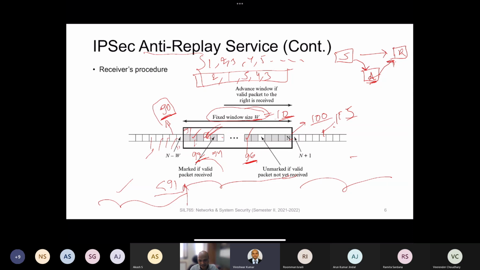So if you receive a packet as 105, then you move the window in such a way that now you will be covering packets from 96 to 105.